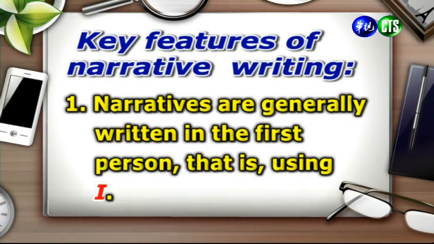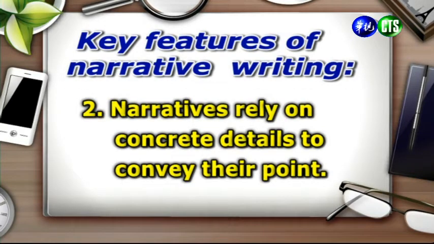This is using he, she, or it, and particularly if you're writing about a celebrity, for example. Our second point is that narratives rely on concrete details to convey their point.